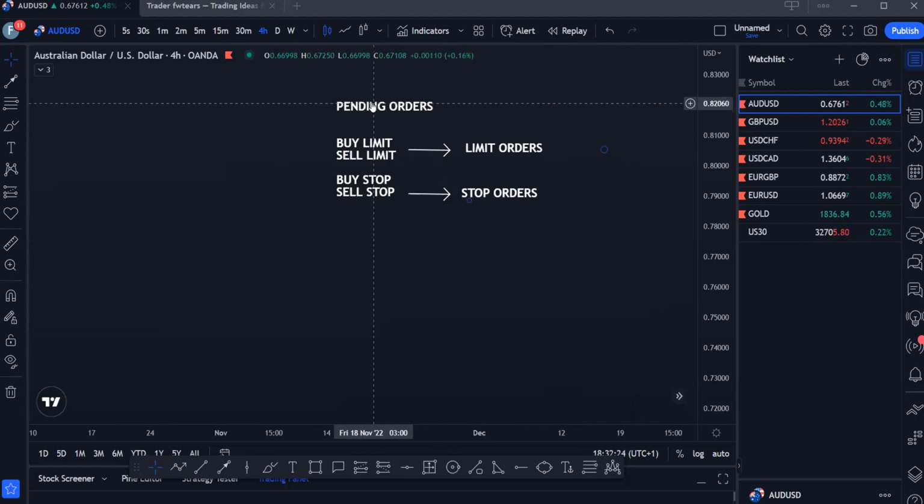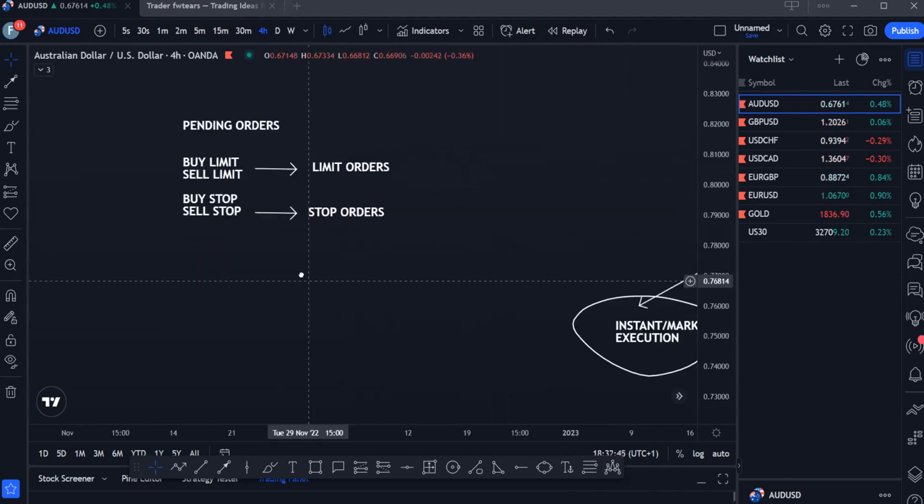We've broken down pending orders into limit orders and stop orders. For limit orders, you have buy limit and sell limit. For stop orders, you have buy stop and sell stop. So let's define them. What's a limit order? What's a stop order?